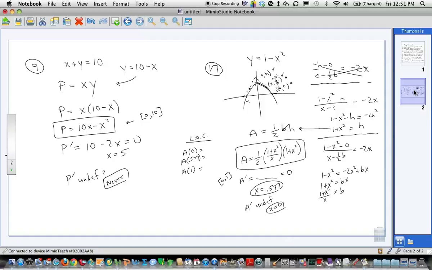All right, let's go backwards with it. What's A of 1? 2. A of 0.577. 1.5396.